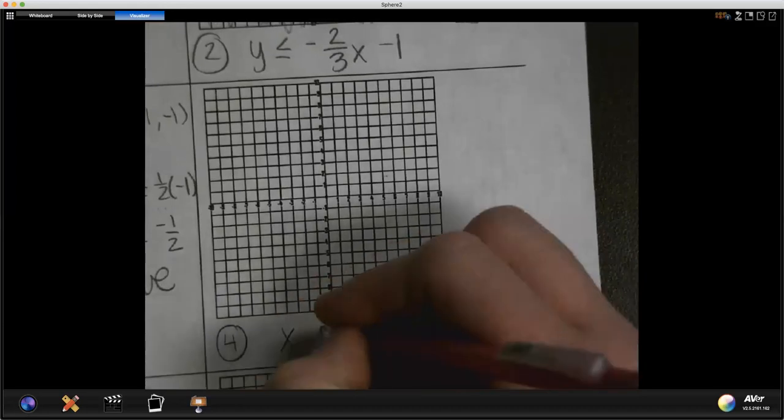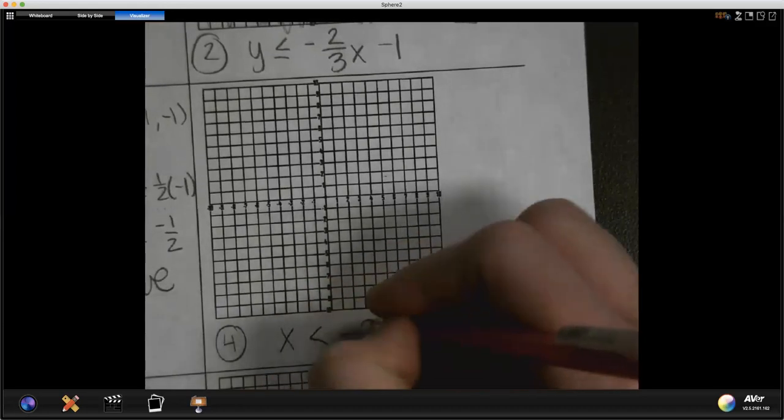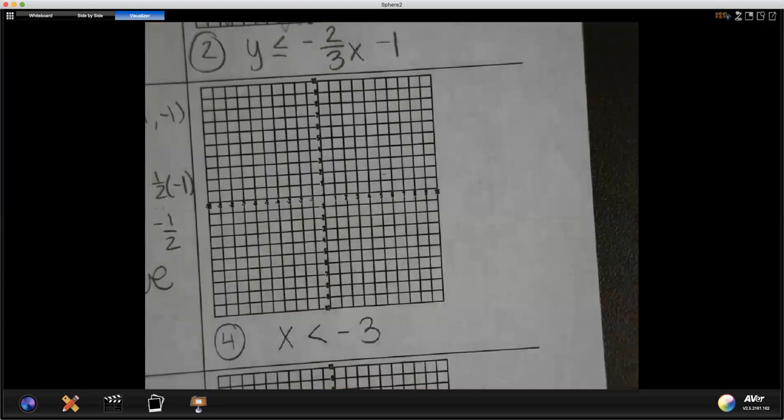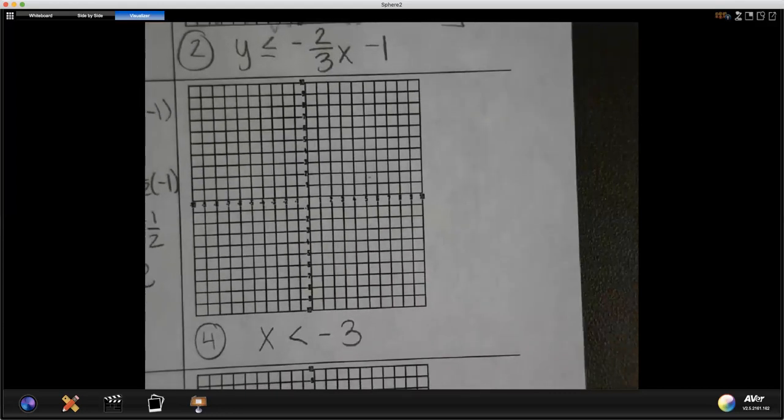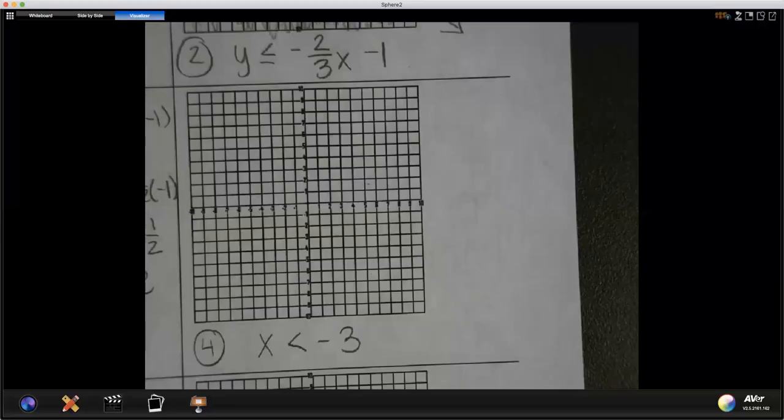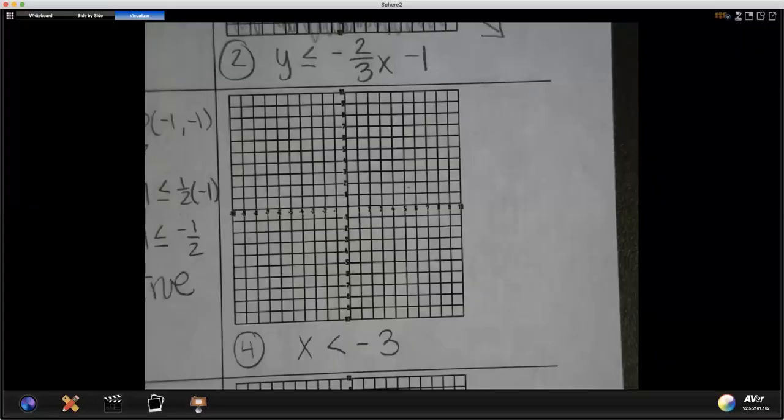X is less than -3. Okay, go ahead and try that and we'll come back together here shortly. Go ahead and check or work with someone near you to look at number 4. Okay, so what type of special case scenario is this?